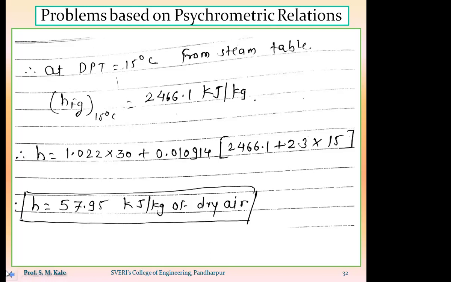Otherwise, if you have understood, write yes in the chat box. What about the remaining students?